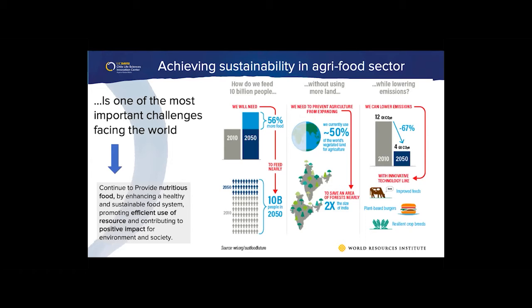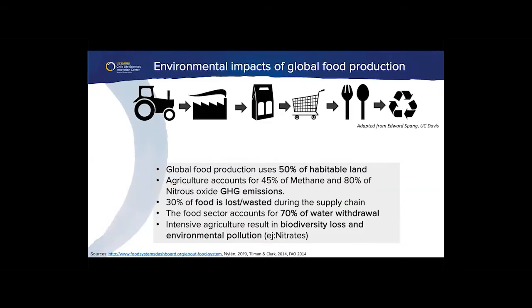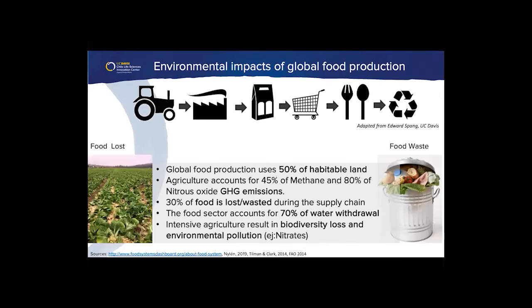Having said this, and understanding the huge challenge that the food system faces today, we know that circular economy will play an important role. Here are some facts about the impacts of this global food system that will be addressed through the circular economy approach. I think these are very important data regarding the use of land. Today the food system is using 50% of the habitable land on our planet. It's also a sector responsible for a lot of greenhouse gas emissions.